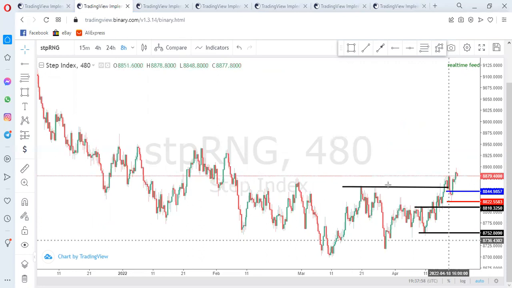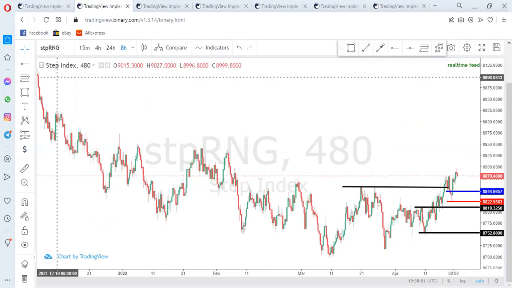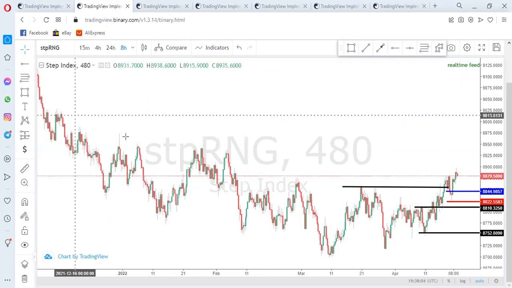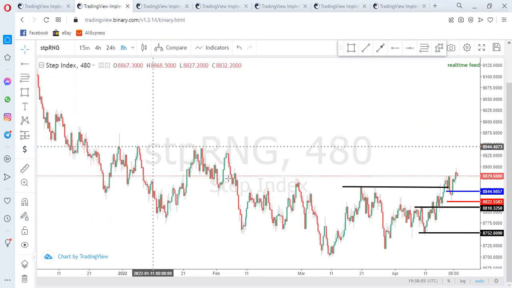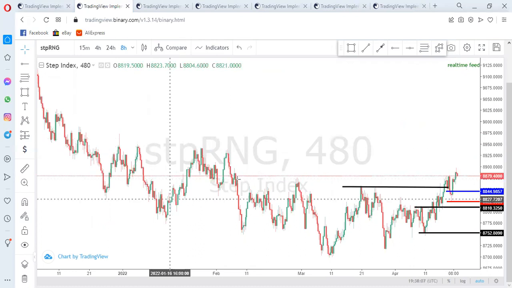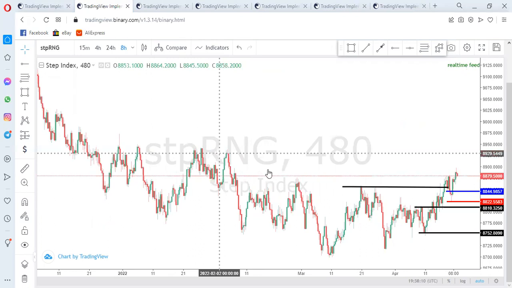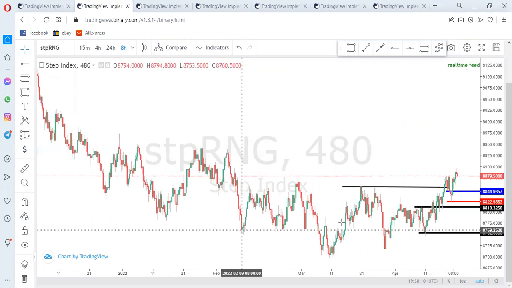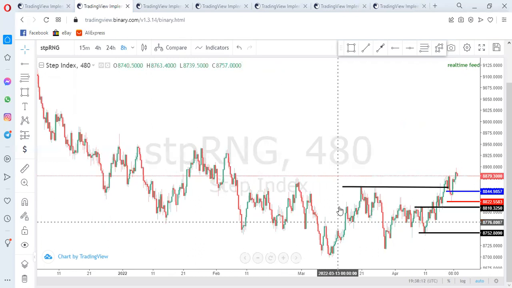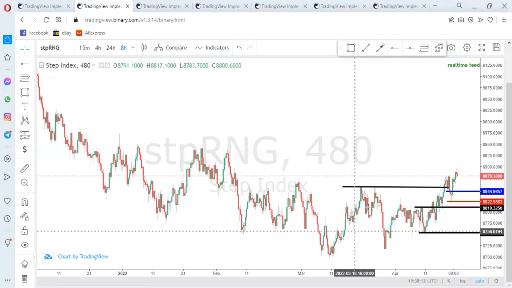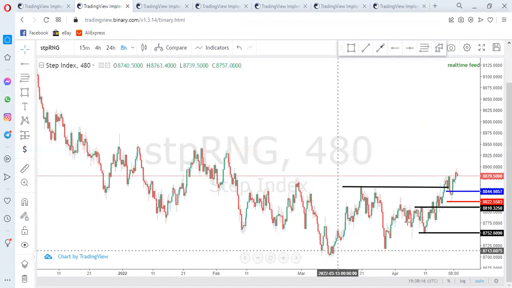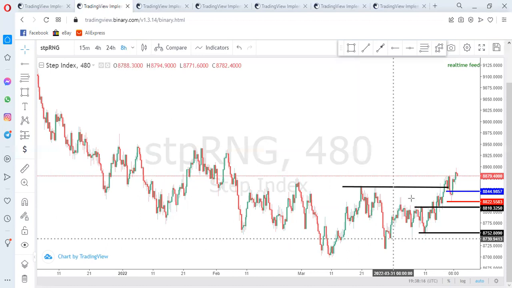Look at the order flow on step index. The order flow from the left-hand side has been a bearish order flow. You see price breaking structures to the downside, creating lower high, lower low, lower high, lower low on the higher time frame. And all of a sudden, from here, price begins to switch flow to the upside.